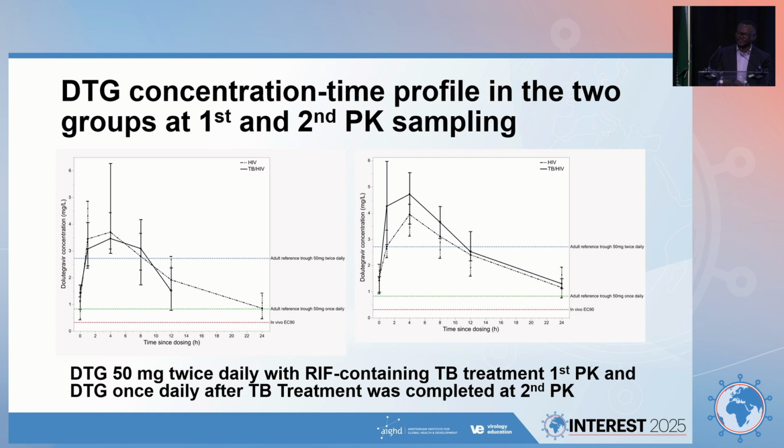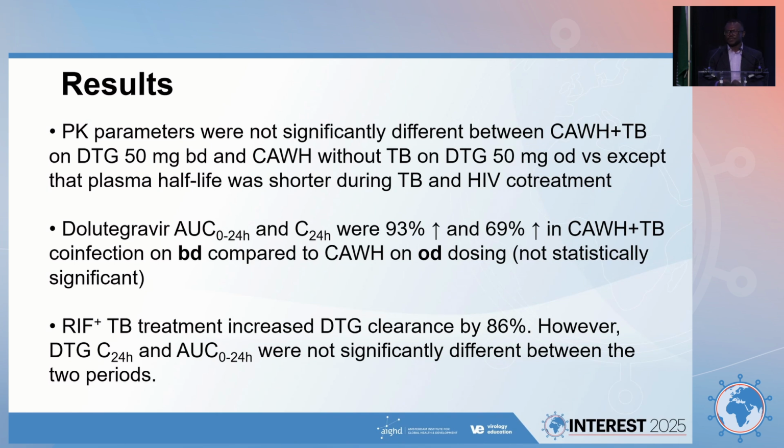Regarding the DTG concentration time profile in the two groups at first and second PK sampling, we realized that there really was no significant difference in the PK parameters of those with TB whilst they were on rifampicin-containing anti-TB medications. And when they went off, both seemed very effective. So PK parameters, as I stated, were not significantly different.